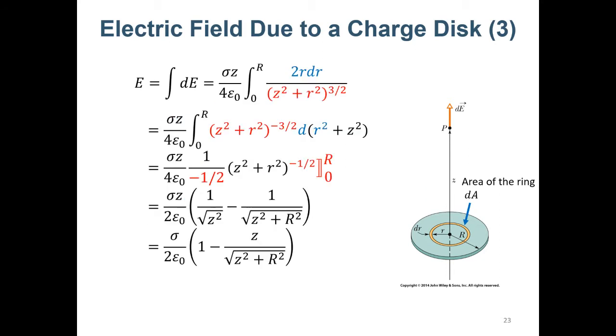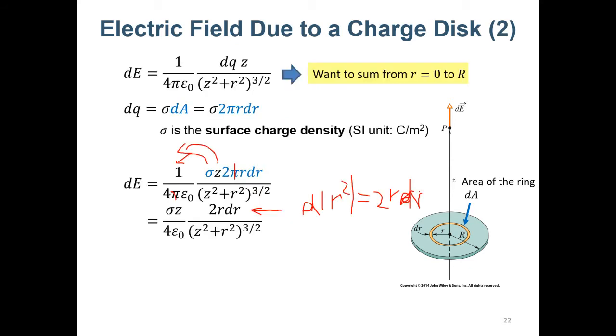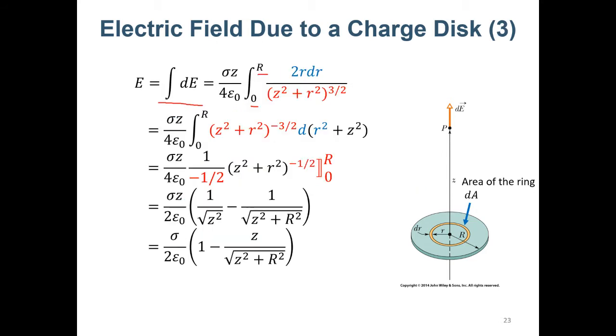So actually we want to calculate the overall E field generated by the whole disk. So we need to integrate dE from 0 to capital R with this expression. We substitute dE equals this expression into here, so that we only need to deal with this integration.